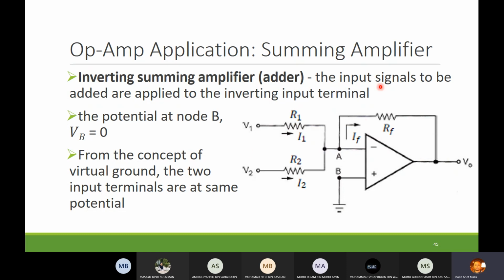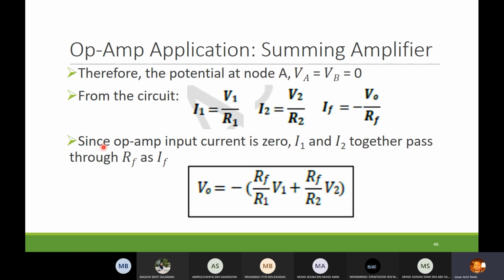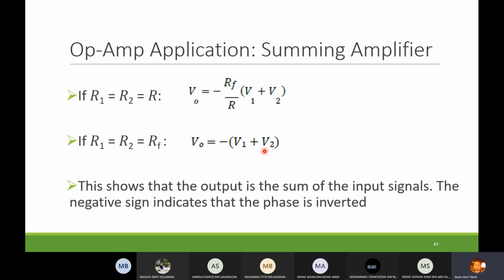So just terbalikkan dia saja. Since op-amp's input current is 0, so I1 and I2 together passes through RF and IF. So kita akan dapat V0 sama dengan minus RF over R1 darabkan dengan V1 plus RF over R2 darabkan dengan V2. Okay, minus ni for inverting.